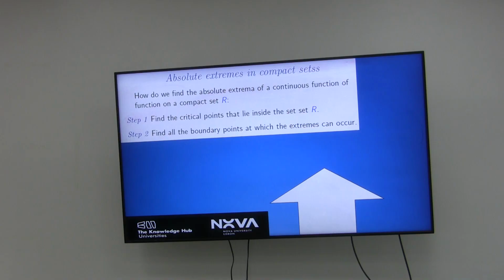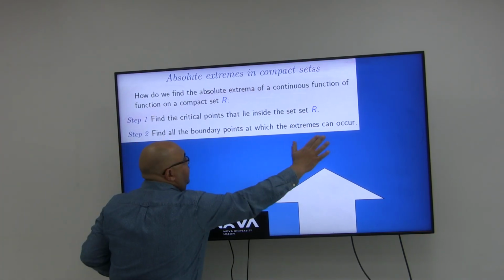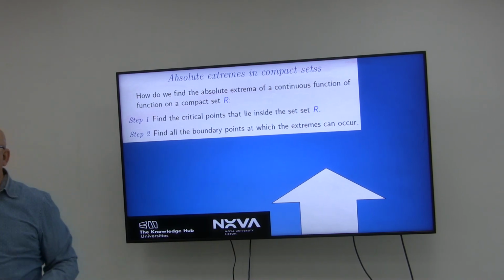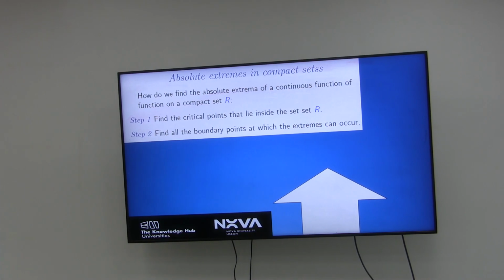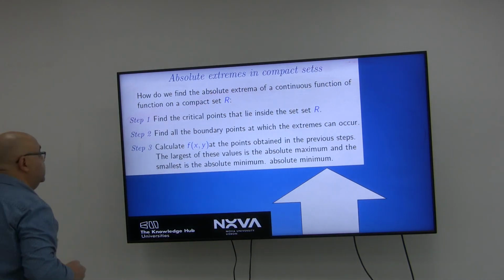The second step: find all the boundary points which are probable to be points on the contour. You identify the boundary of your domain, then start finding the extreme points.